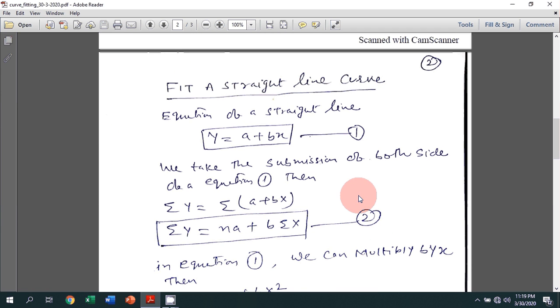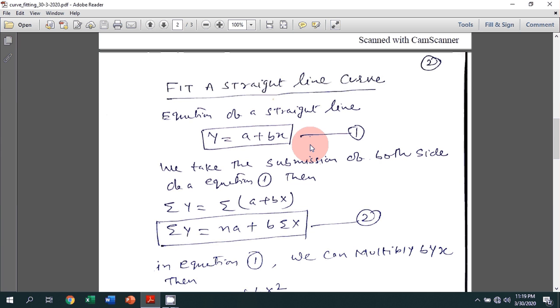Students, in this lecture we will fit a straight line curve. As we know, the equation of a straight line is y = a + bx. In this equation we have the values a and b, and if we find the values of a and b and put them in this equation, then we get a straight line curve.